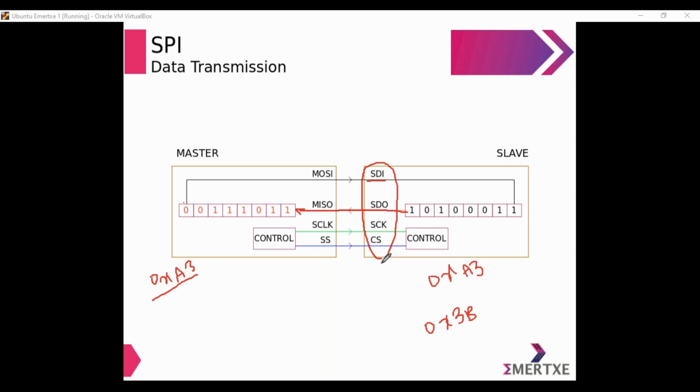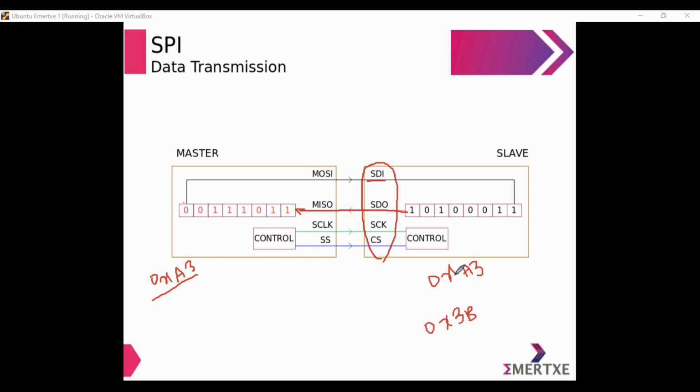The manufacturer is saying that whatever slave I'm devising is never going to turn out to be a master. So what is the point of referring to it as master out, slave in, or slave in, master out? I will call it slave data in, slave data out. It is so obvious.